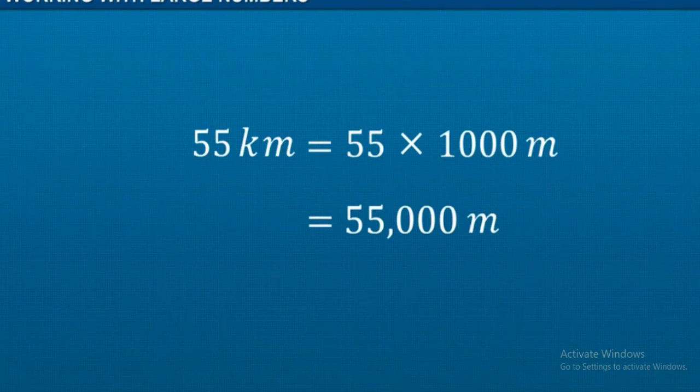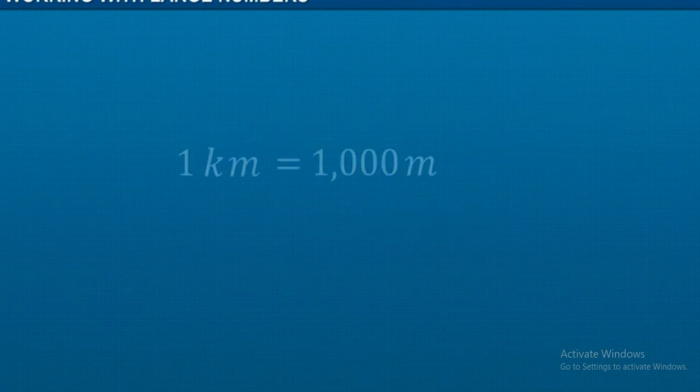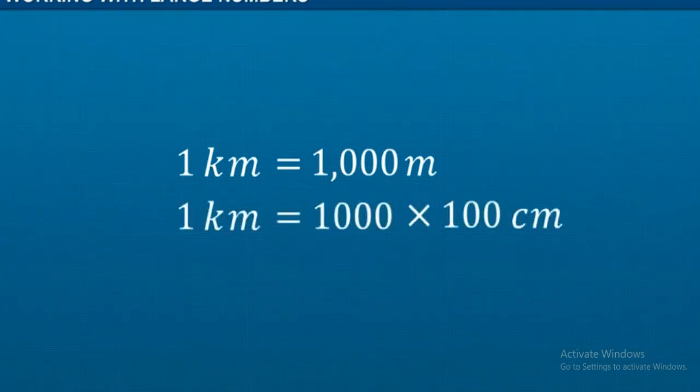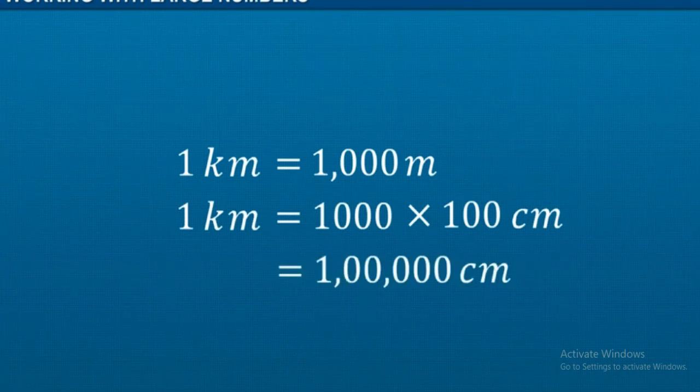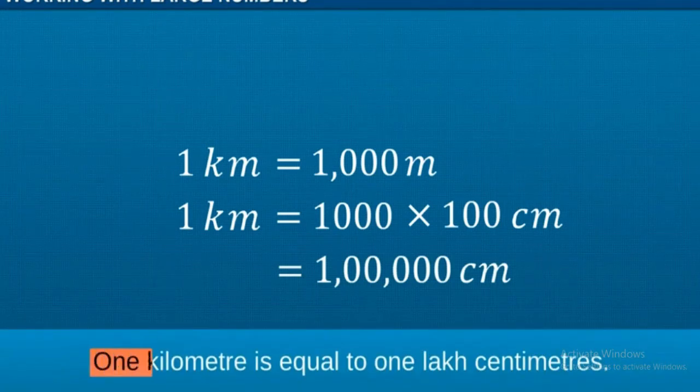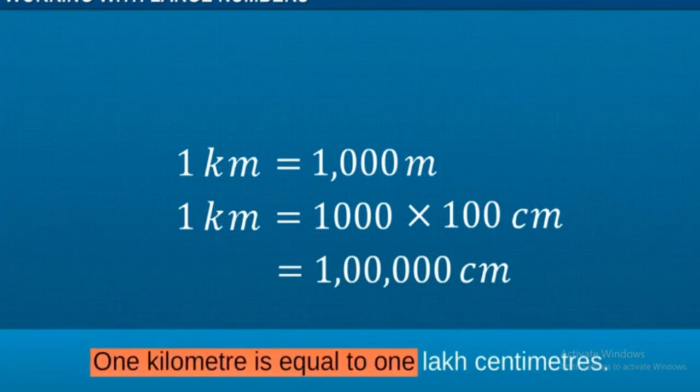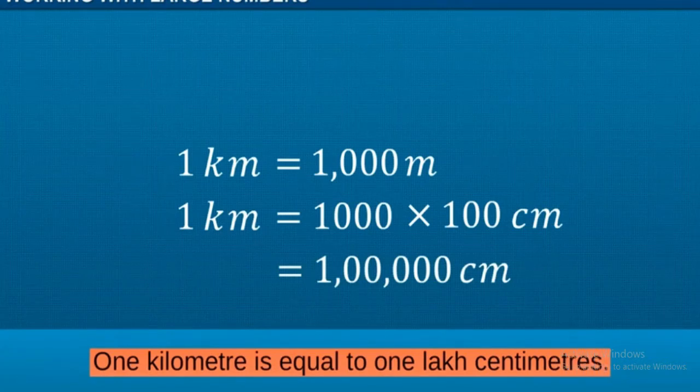Similarly, kilometers can also be converted into centimeters. 1 meter is equal to 100 centimeters. Therefore, 1,000 meters will be equal to 1,000 multiplied by 100 centimeters, which is equal to 1 lakh centimeters. Thus, 1 kilometer is equal to 1 lakh centimeters.